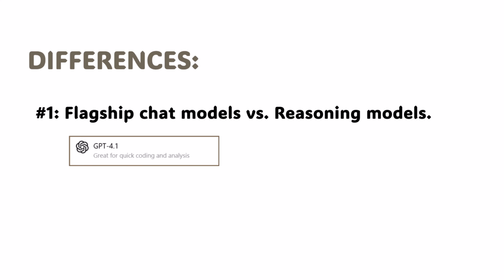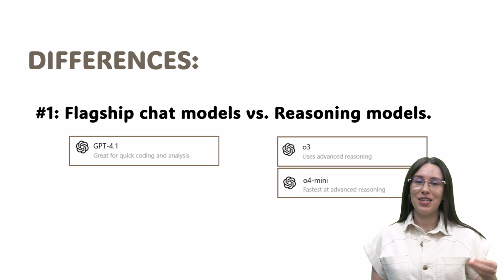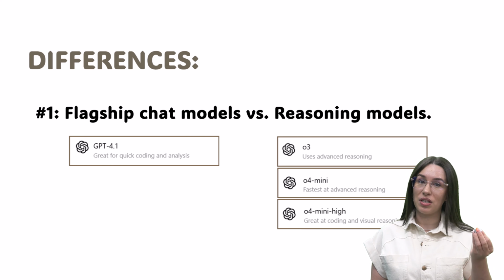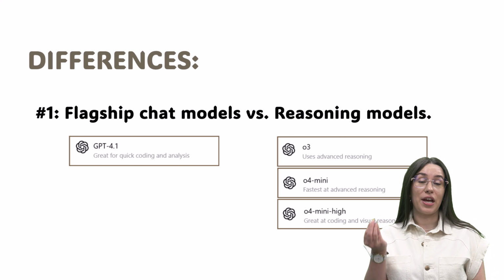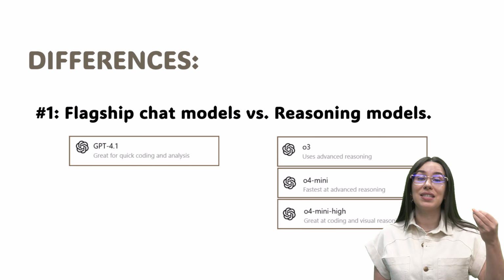The O3, O4 Mini, and O4 Mini High are reasoning models. These models are trained to reason more deeply about the input. In the user experience, one of the main differences between using a reasoning model or a flagship chat model is that the reasoning model provides reasoning summaries.